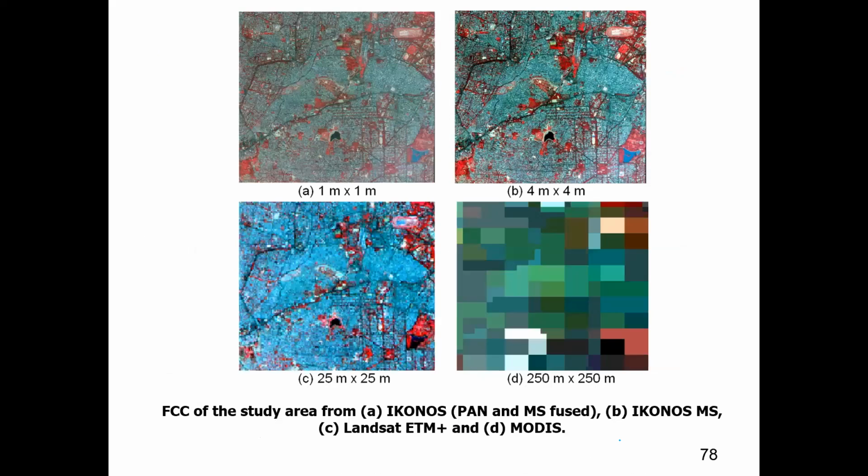Then the algorithms were applied on real world data, and these are small snippets of images shown for the center part of Bangalore. This is also a lake here. This is a race course, and this is a railway station, shown in 4 different resolutions: 1 meter, 4 meter, 25 meter, and 250 meter. The idea is to test the robustness of this algorithm across different resolutions of data.